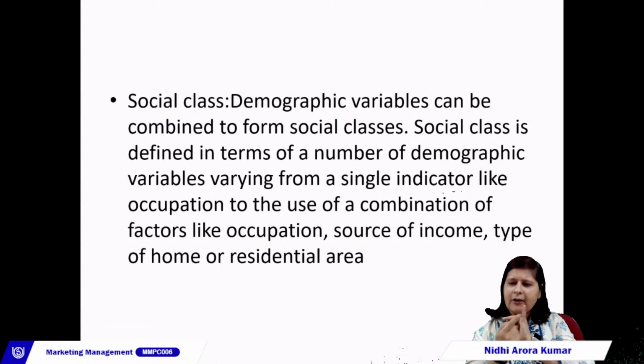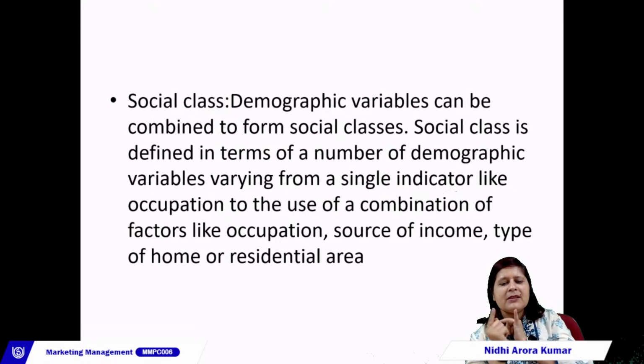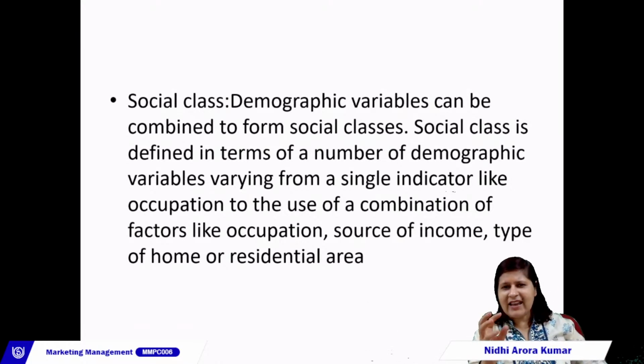Or it could be on the basis of income and residential areas, right? Those who have this type of income and reside in that particular area, I want to offer that product, right?